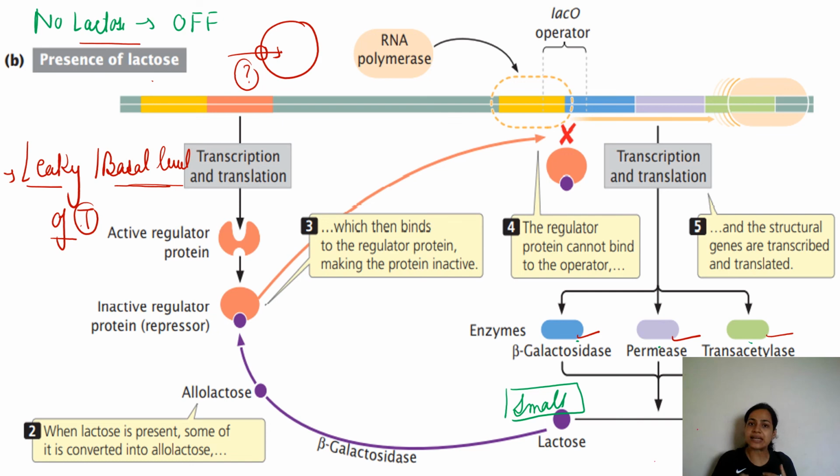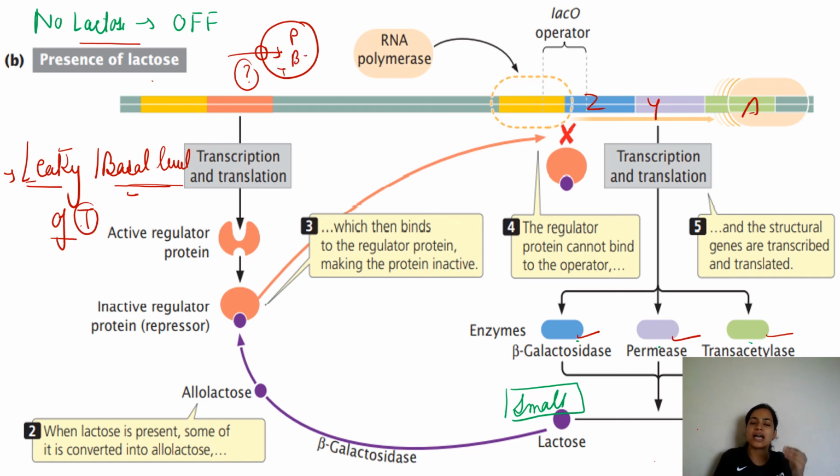This type of transcription is called leaky transcription. Why? Because the lac repressor is there and it is repressing the operon, but the repression is not very tight, so some leakage will be there. Some basic level of transcription of these three genes will be there, and that's why there will always be a small amount of permease, beta galactosidase, and transacetylase in the cell.